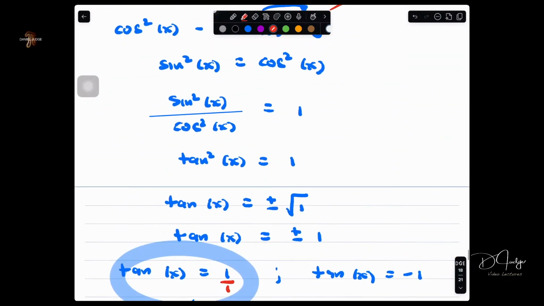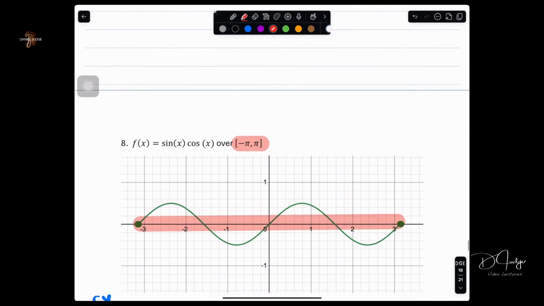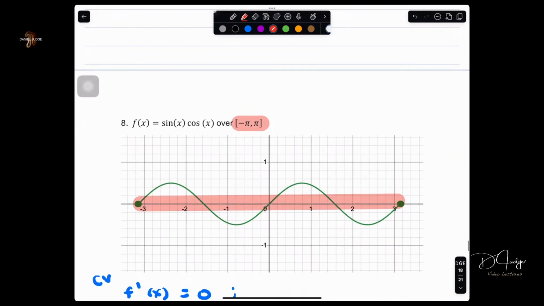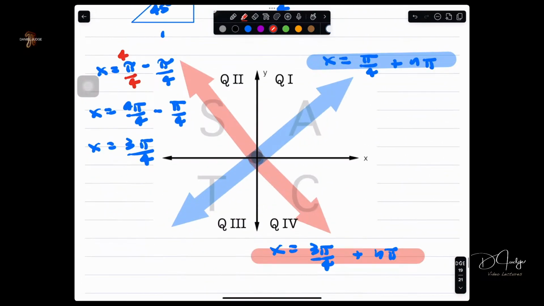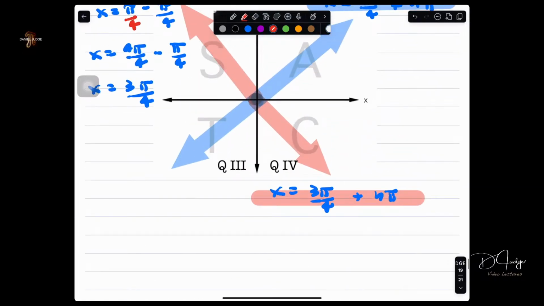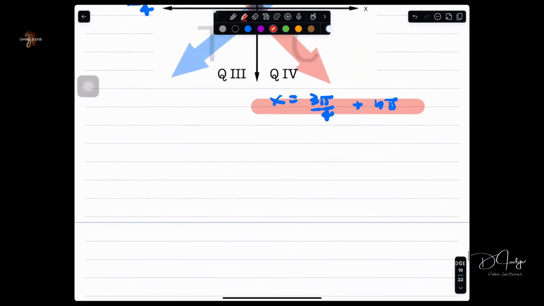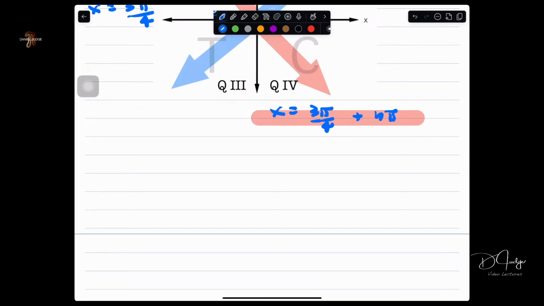But we have to go back and remember the domain here is from negative pi to pi. So what does it mean to find critical values now from negative pi to pi here? Okay, they restricted the domain. We don't need every solution. We just need the solutions that are in this interval here.